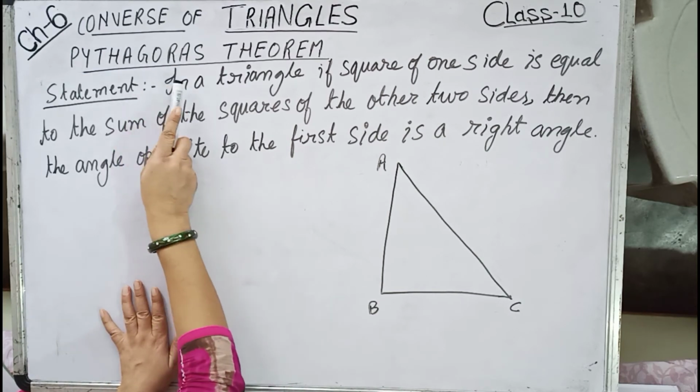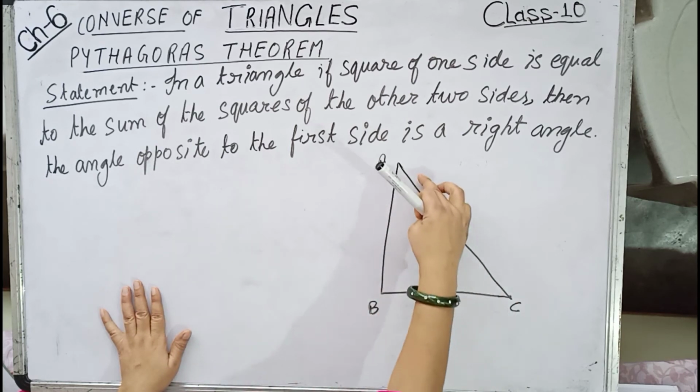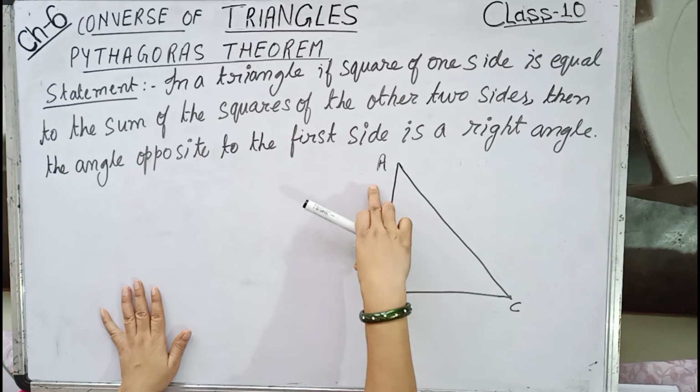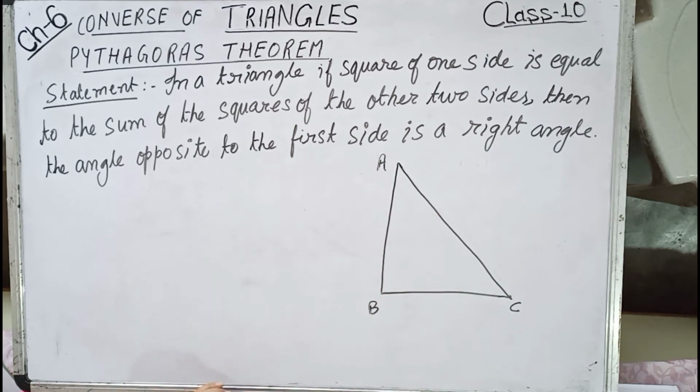The converse of Pythagoras theorem states that in a triangle, if the square of one side is equal to the sum of the squares of the other two sides, then the angle opposite to the first side is a right angle.